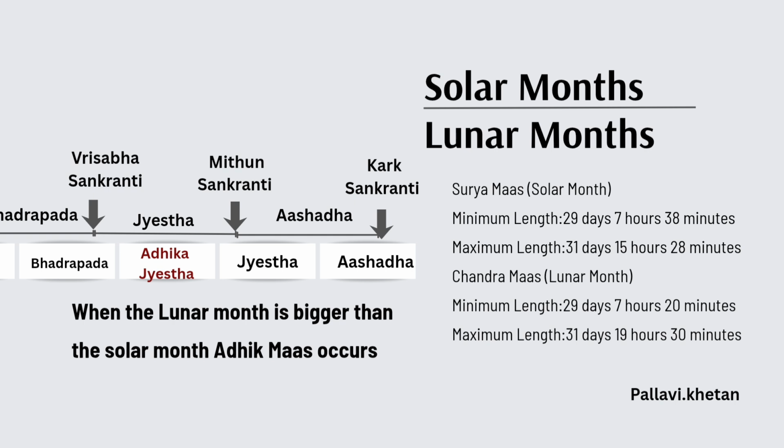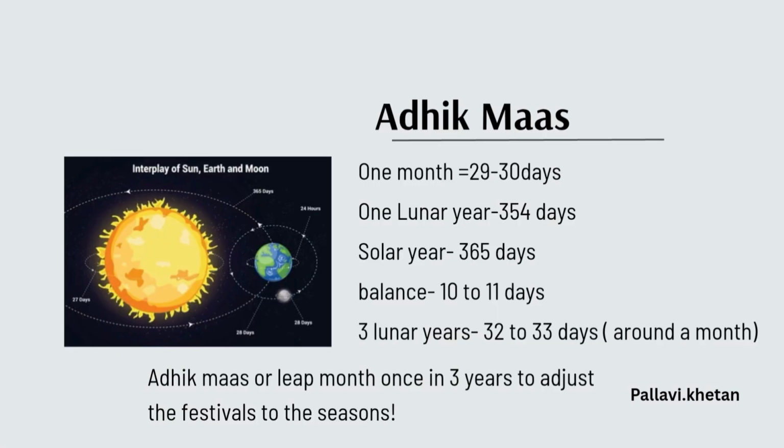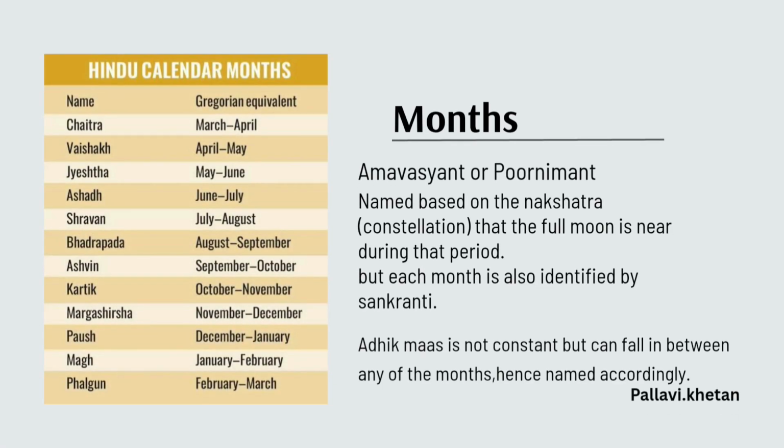And similarly, the solar month can be smaller also. So whenever the solar month is smaller and there is no Sankranti happening in between the lunar month, then that month is actually the Adhik Maas. That's why the Adhik Maas can fall any time during the year and it is never fixed. Sometimes it is Adhik Jyeshtha, sometimes it is Adhik Ashadha, etc.